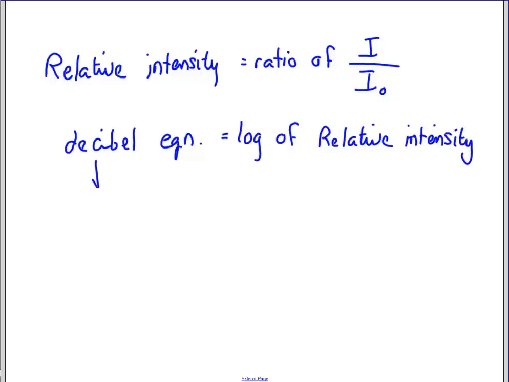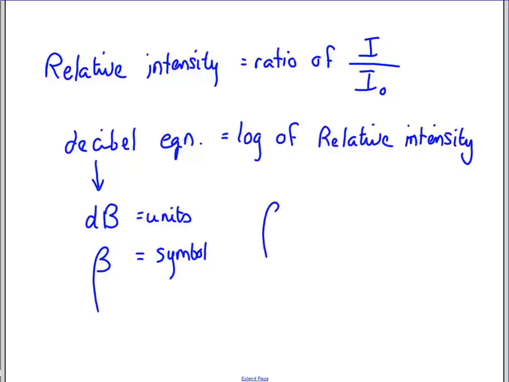So decibel units are lowercase d, capital B. Those are the units. The symbol is a Greek letter beta. And the equation looks like this. Decibels, or beta, equals 10 times the log of the relative intensity.